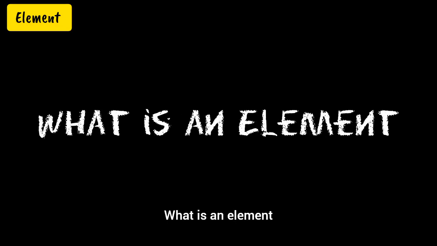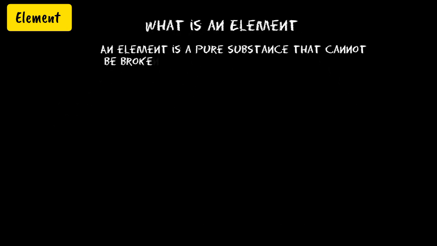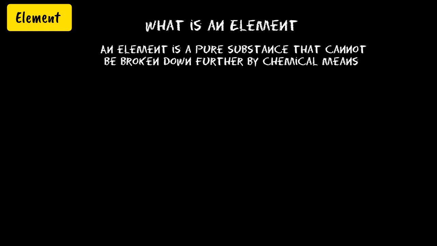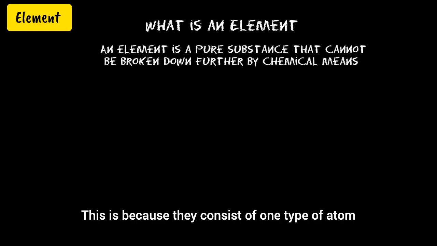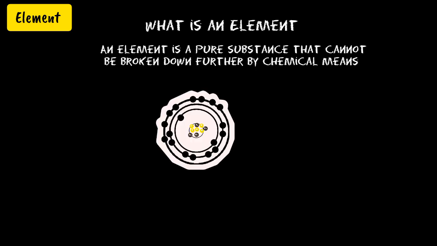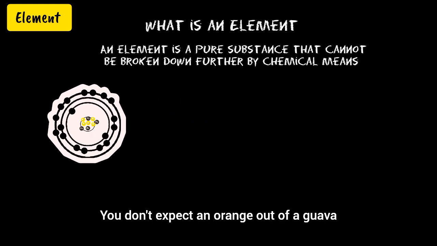What is an element? An element is a pure substance that cannot be broken down further by chemical means. This is because they consist of one type of atom. You don't expect an orange out of a guava.